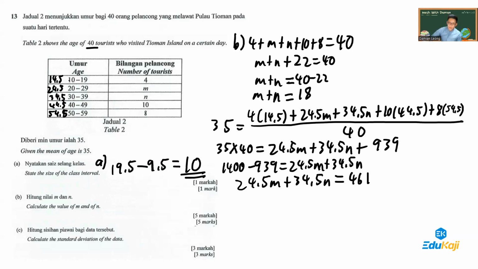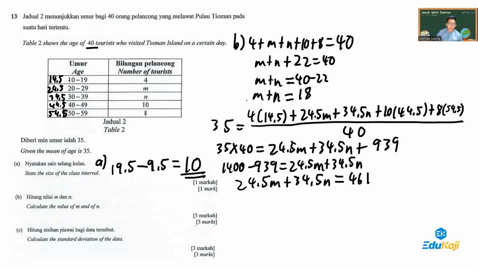So rather than leaving it as 0.5, maybe it's better to get rid of 0.5. Or I can just use substitution as well.